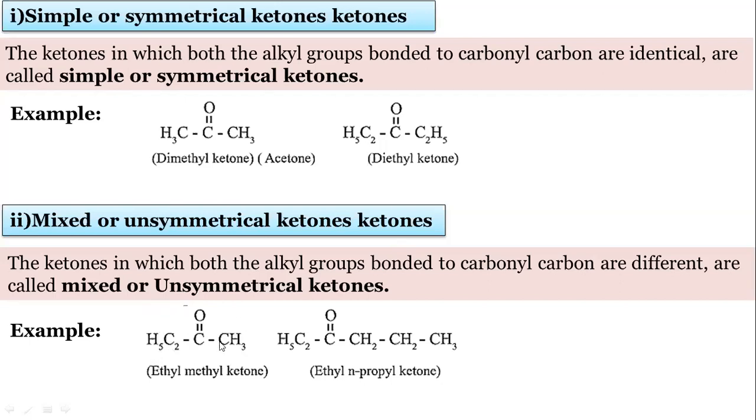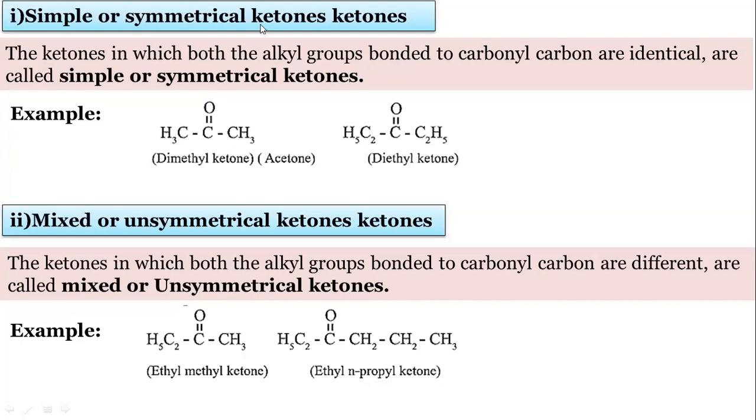So when the groups attached to the carbonyl are different, this is called mixed or unsymmetrical ketones. In this also, see the groups attached to the carbonyl, one is C2H5 and one is propyl group. This is CH2, CH2, CH3. The name is ethyl propyl ketone, and this is ethyl methyl ketone. These are the common names. We will discuss the common names and IUPAC names in the next slides.